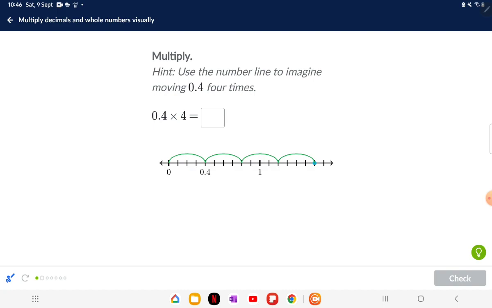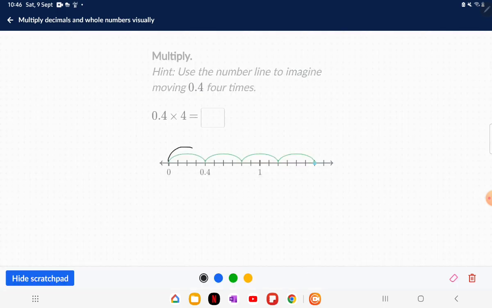Awesome. Multiply. Hint: use the number line to imagine moving 0.4 four times. So 4 jumps, and each jump is equal to 0.4. 1 jump, 2 jumps, 3 jumps, 4 jumps. Where are we? Can you see on the number line?